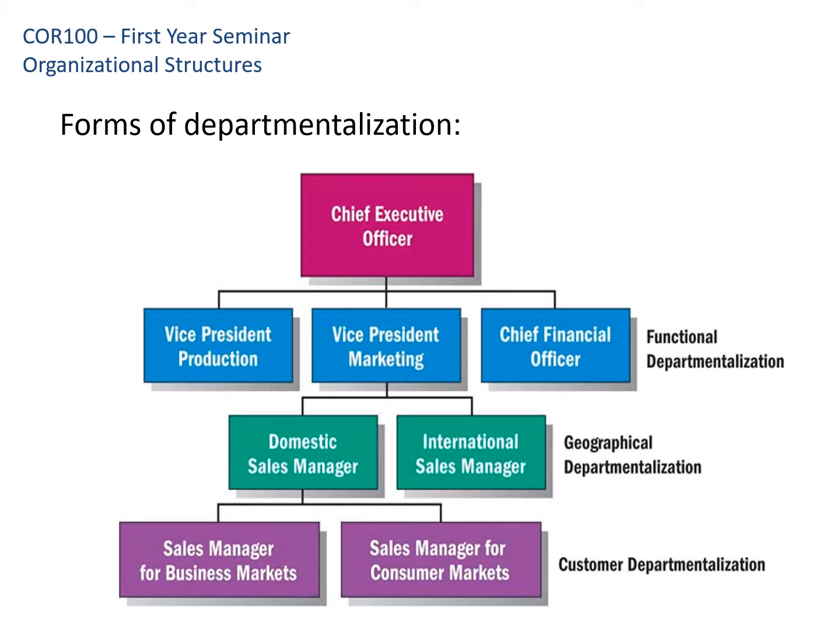One thing to think about is direct and indirect reports. So let's think now about the vice president of marketing. The VP of marketing, that blue box in the middle there, that person's direct reports are the domestic and international sales managers. Those are people that report directly to that vice president.